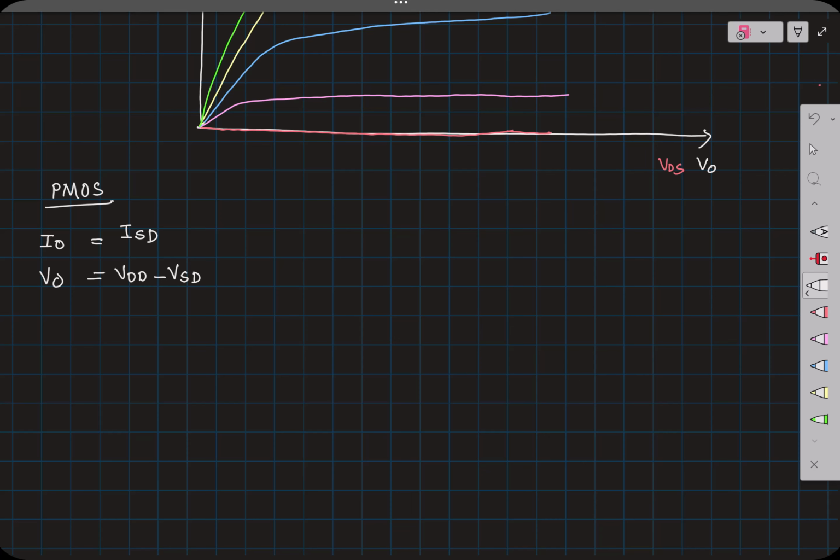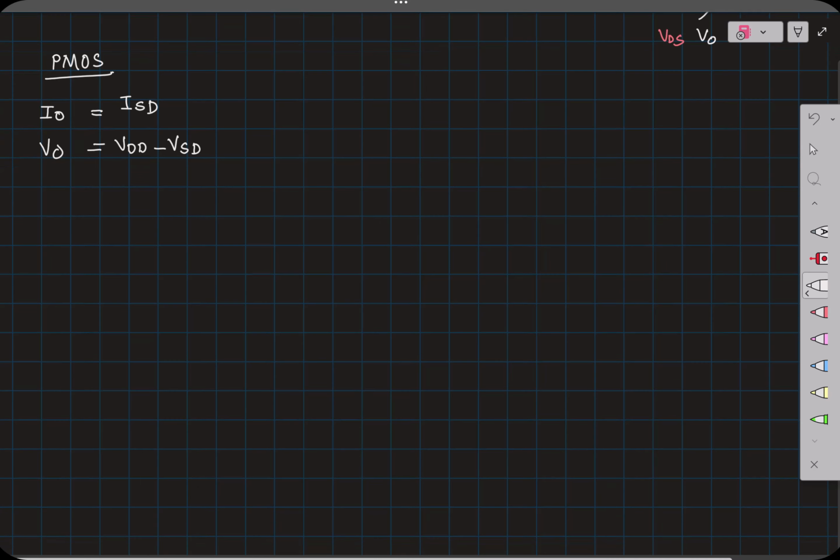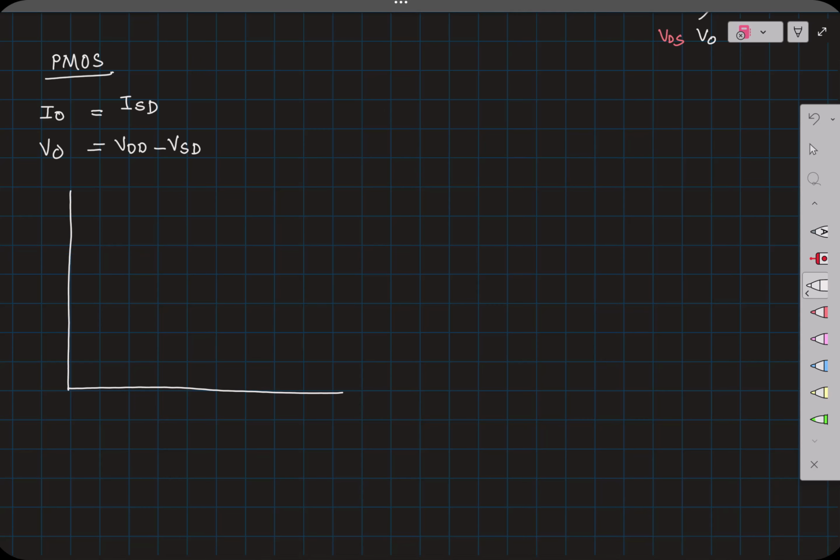Right? So let me first plot I naught versus VSD. Then we will do the plot of I naught versus V naught. So if I look at I naught versus VSD, and I'm looking at this for Vin equal to 0, Vin 1, Vin 2, Vin 3, so the colors got messed up.